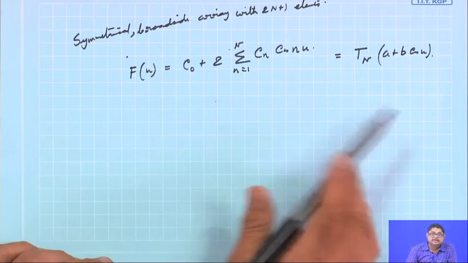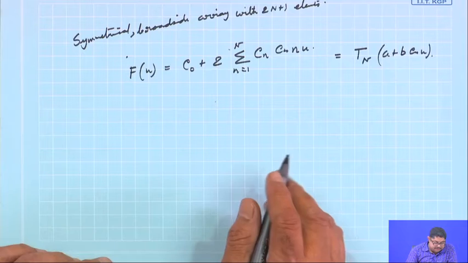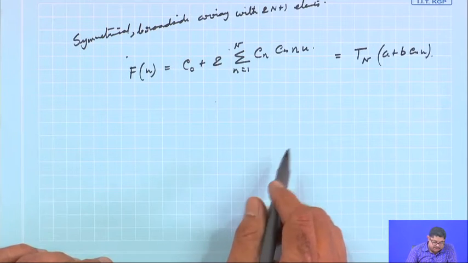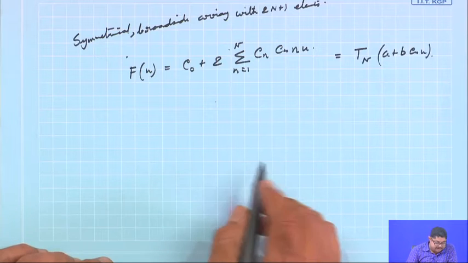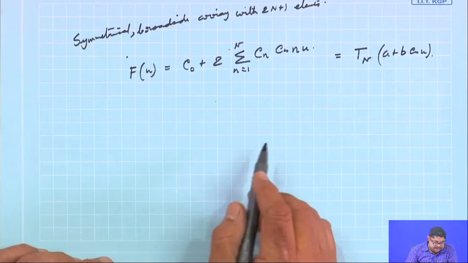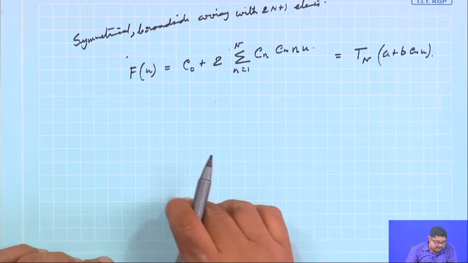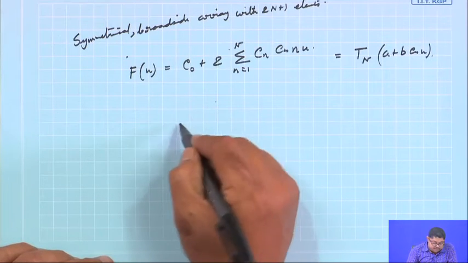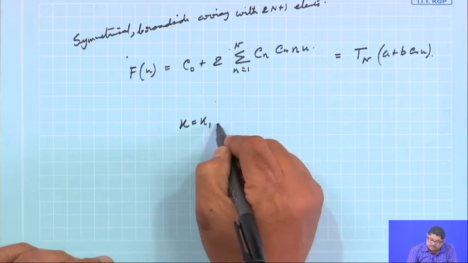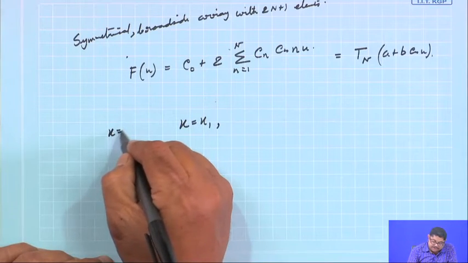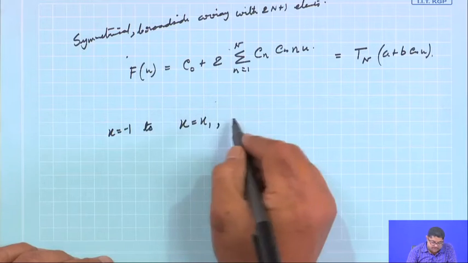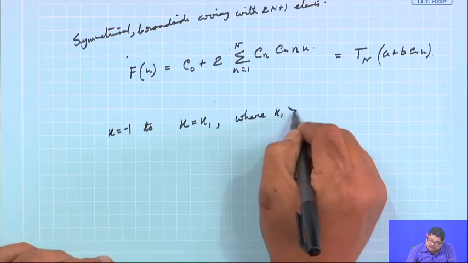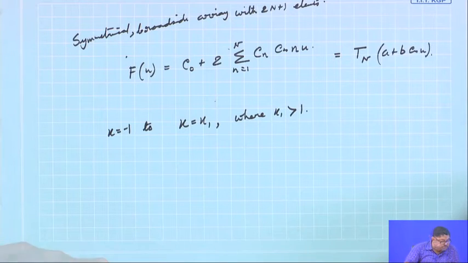The constants a and b can be chosen to make the visible range of u correspond to values of x in T n x that range from x equal to minus 1 up to x equal to x 1, where x 1 is greater than 1.